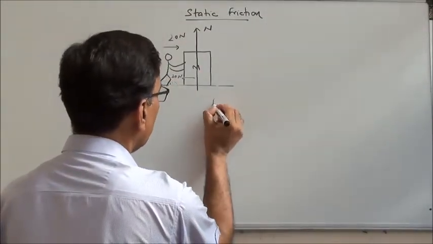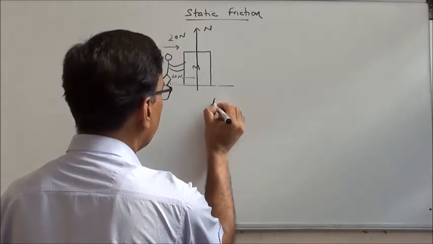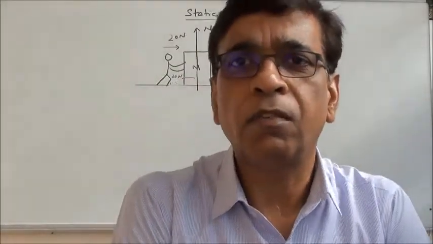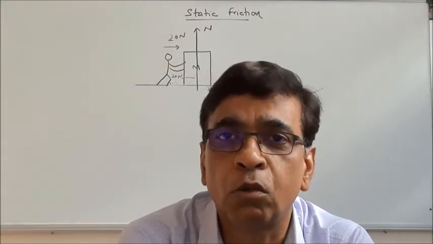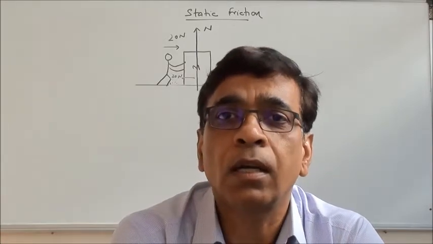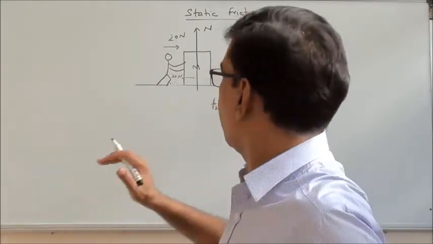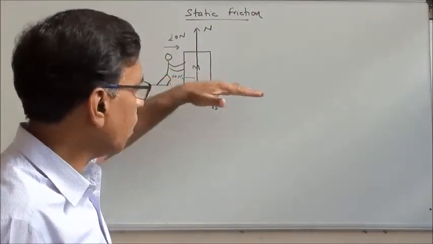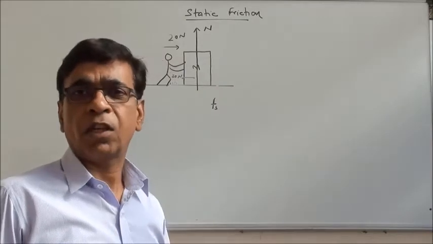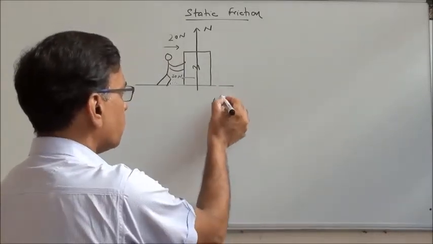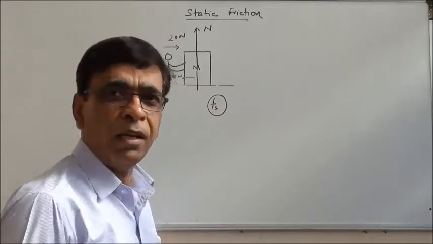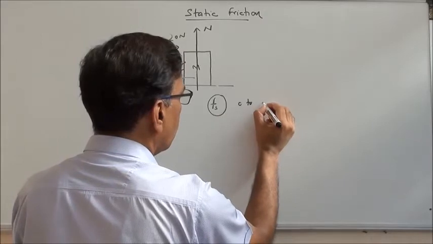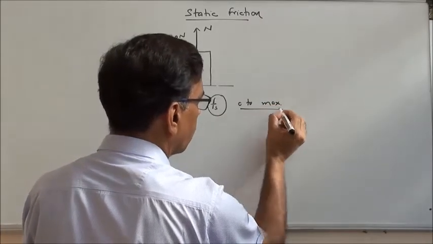So it also means that this force of static friction. Static friction means the frictional force acting between the two bodies in contact which are at rest. So these bodies are not moving with respect to each other. So the force of contact along the surface will be called static friction. And this static friction can vary from 0 to a maximum value.